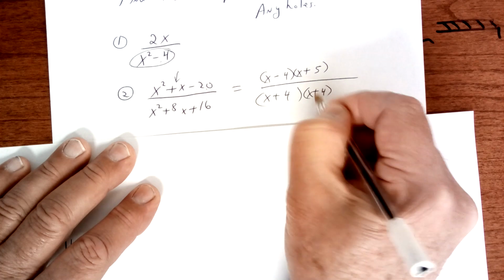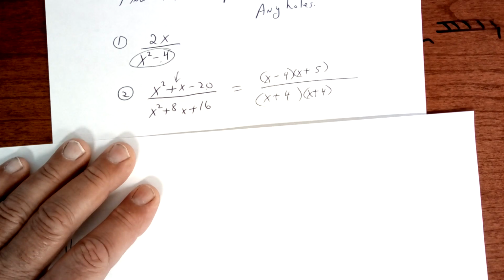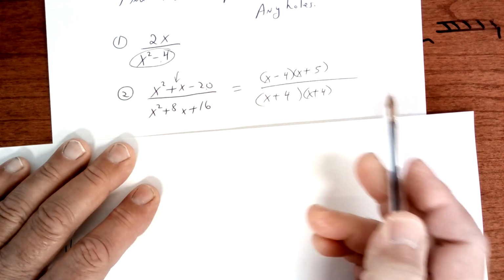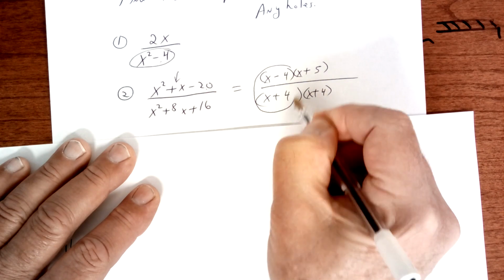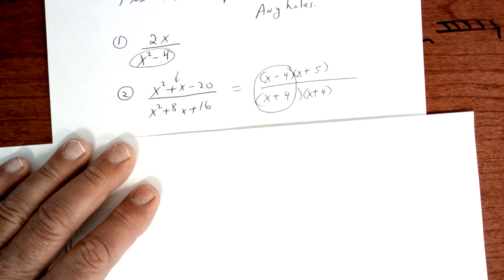Like that. I was kind of hoping one of these would cancel. And it doesn't look like it does. Okay? In any event, there are no holes here. You see, if this was the same as that, then you would have a hole, but it's not.